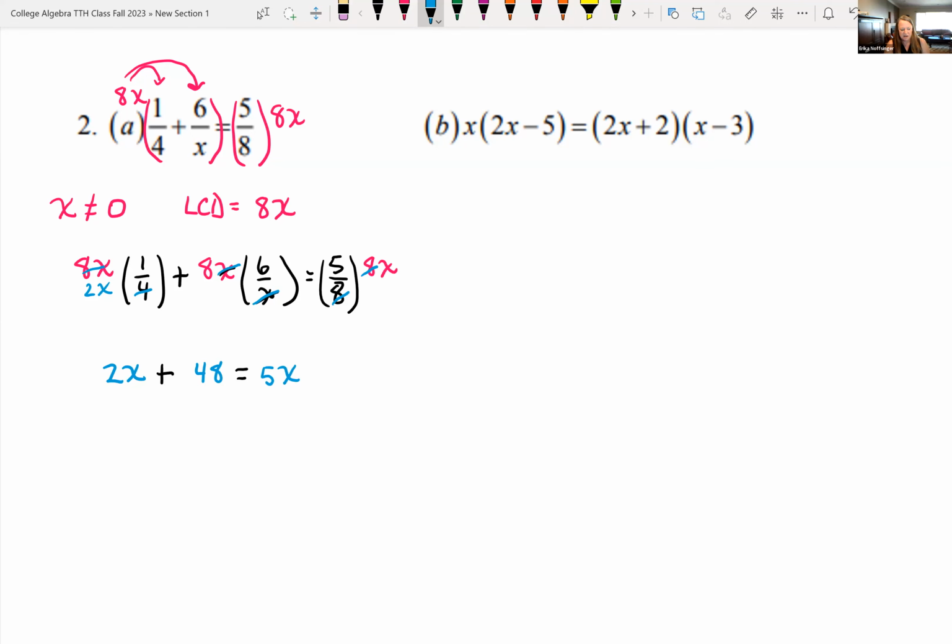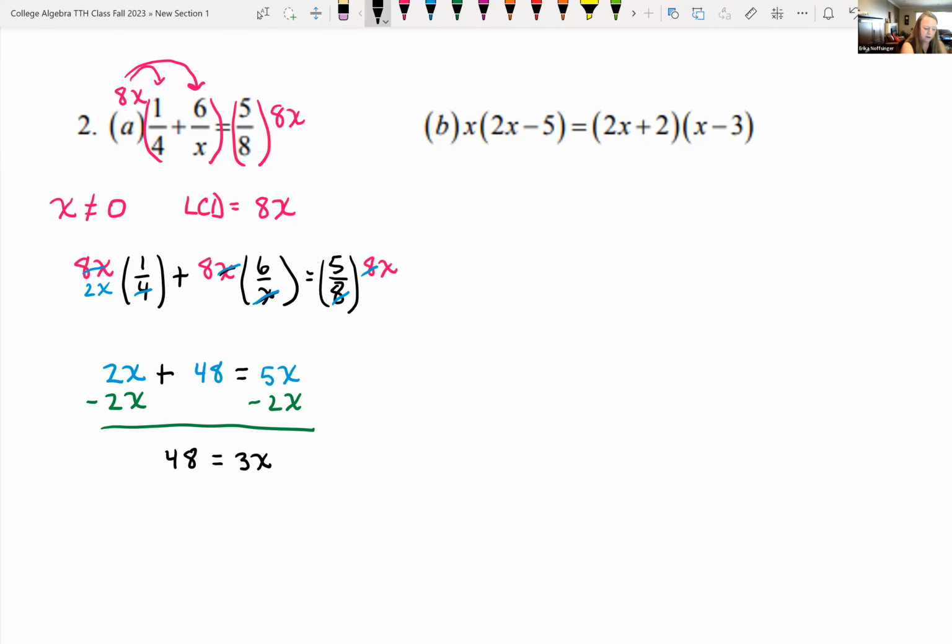So this is a case where I would probably get my variable to the right-hand side of the equal sign, because my constant is on the left and there's only one constant. And so I could subtract 2x from both sides of my equal sign, bring down my 48. 2x minus 2x cancels. So 48 is equal to 5x minus 2x, which is 3x.